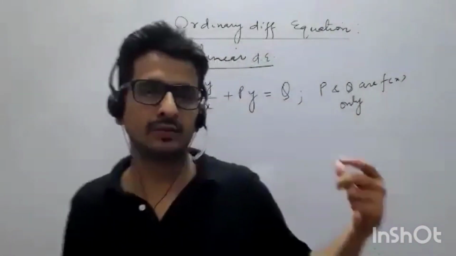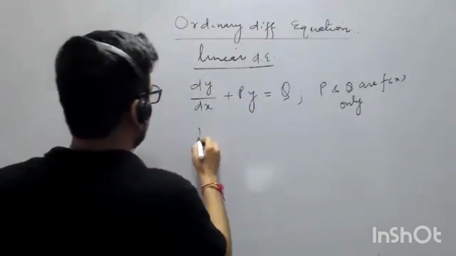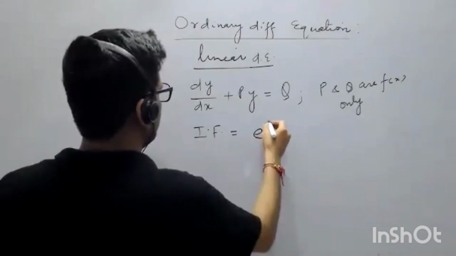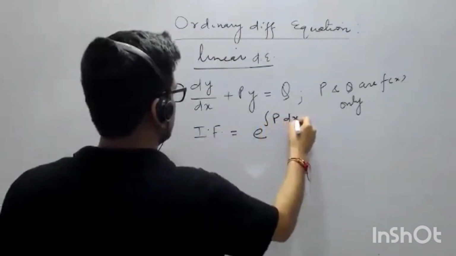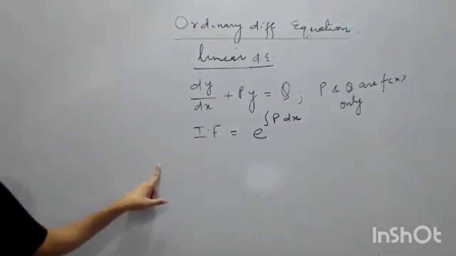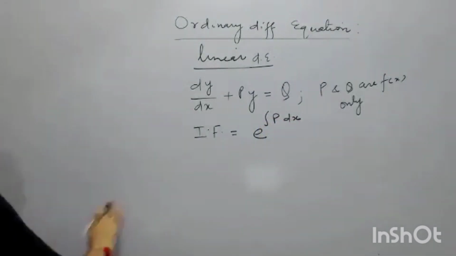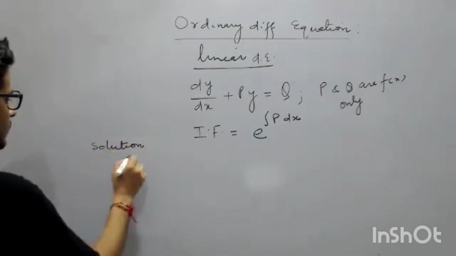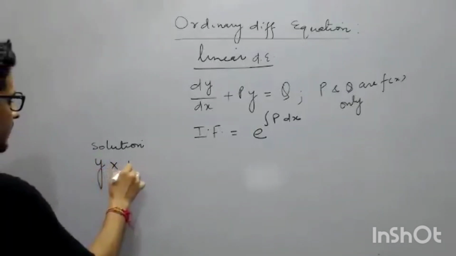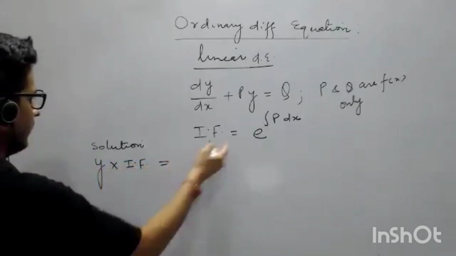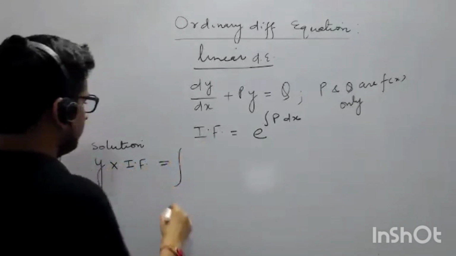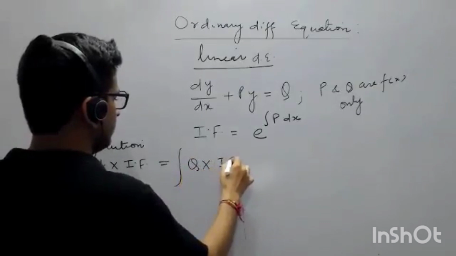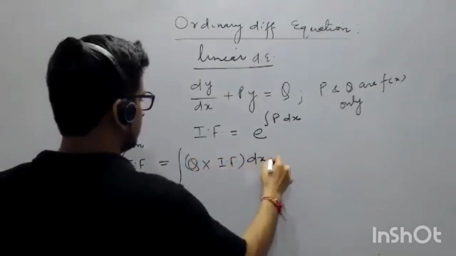So what is the method to solve such equations? The method is we get an integrating factor, which is e to the power integral p dx. This is the integrating factor which we calculate, and then the solution of the equation is given by y into integrating factor is equal to integral q into integrating factor into dx plus c.